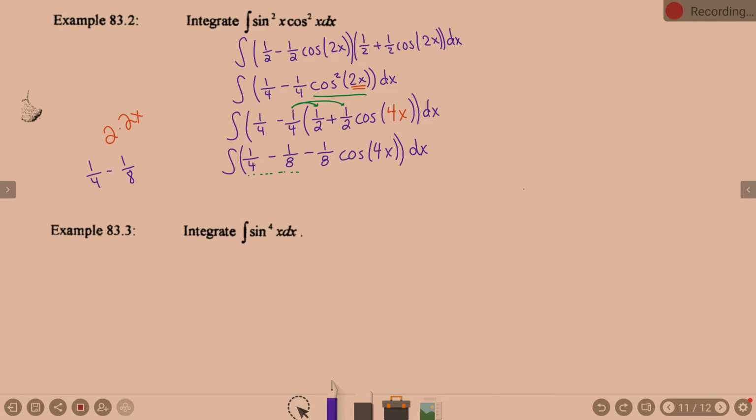So 1/4 minus 1/8, I was going to go with 2/8 minus 1/8, which is 1/8. So now I'm going to say the integral, putting that 1/4 and that 1/8 together, is 1/4 minus 1/8 is 1/8 minus 1/8 of cosine 4x dx.